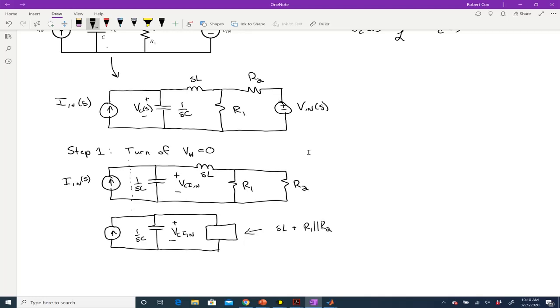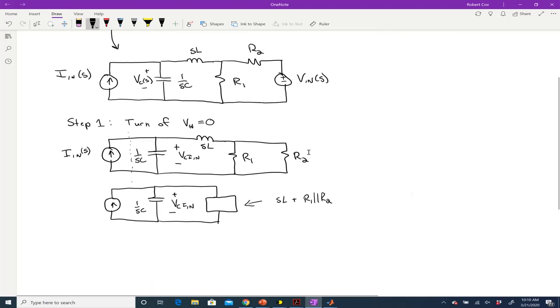The voltage across SL plus that series combination is the same as the voltage across the capacitor. If you can't see that, do a KVL around this loop.